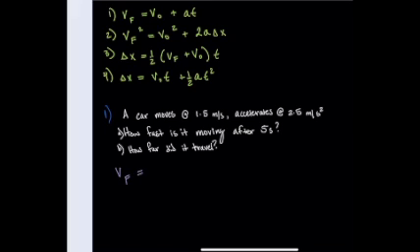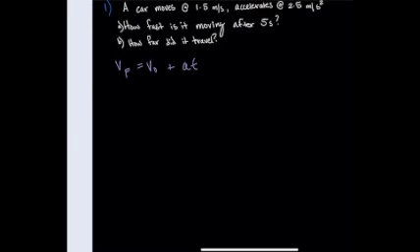V final, I'll rewrite it down here, is equal to V initial plus acceleration times time. So if we're trying to find how fast it's going, that means we're solving for V final. And the next step is just to go ahead and plug in all the values we are given.